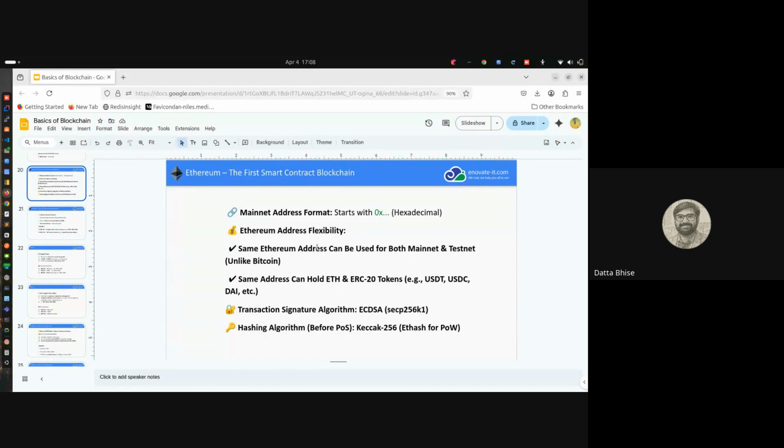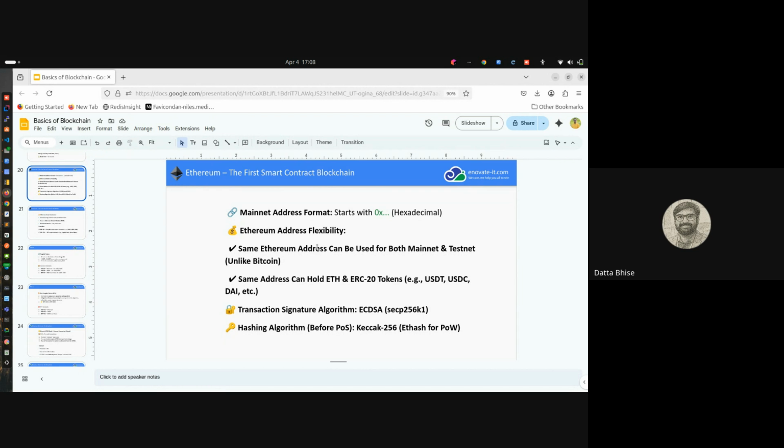In Bitcoin, the address is totally different, so the same address you cannot find in the testnet. But apart from Bitcoin, mostly these smart contract chains use the same address everywhere.